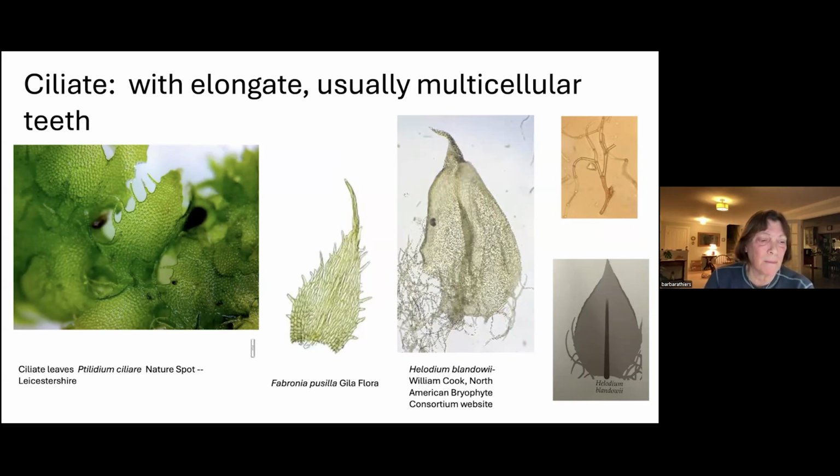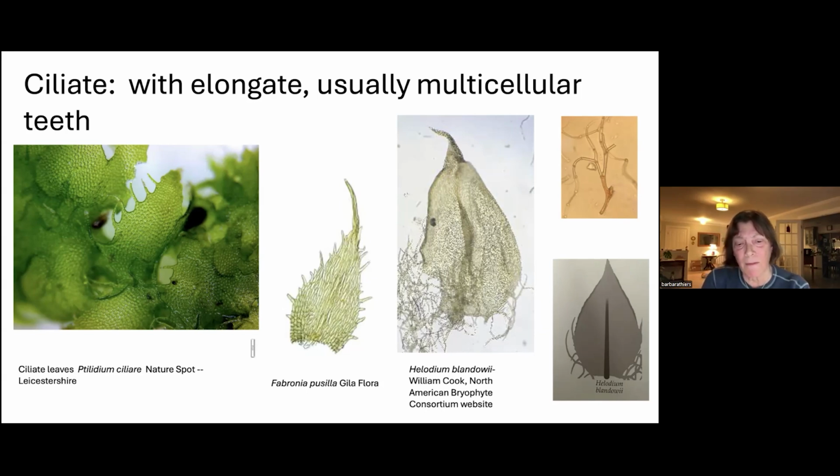Ptilidium ciliare on the left, a very common epiphytic liverwort in Eastern North America, is a good example of a leaf with ciliate margins. In the tropics, lots of liverwort leaves are ciliate. It's less common, not at all common here in the West.